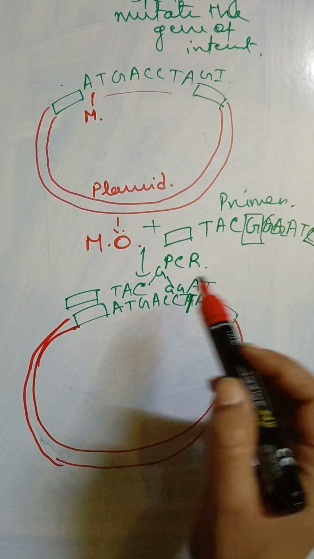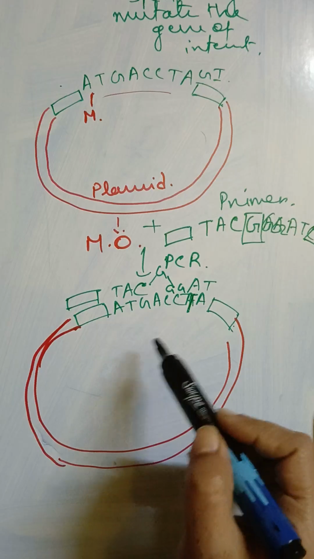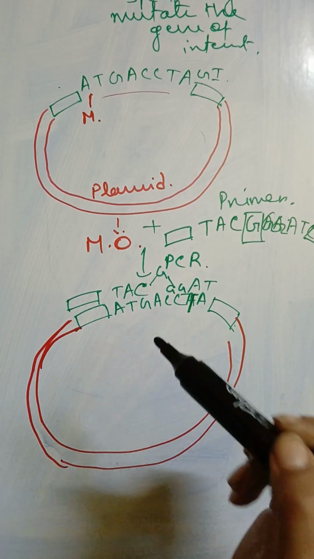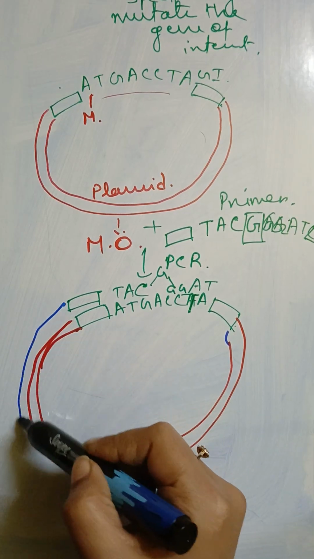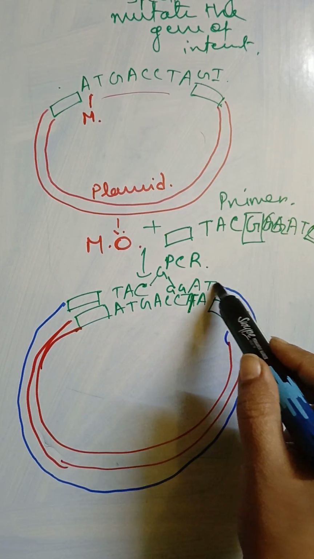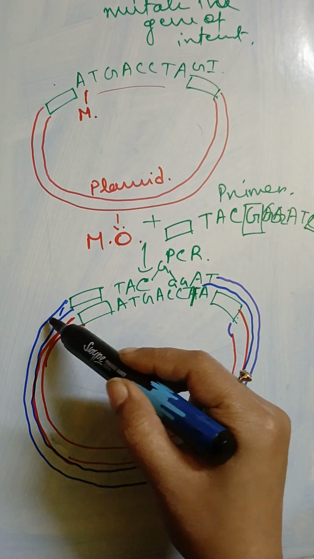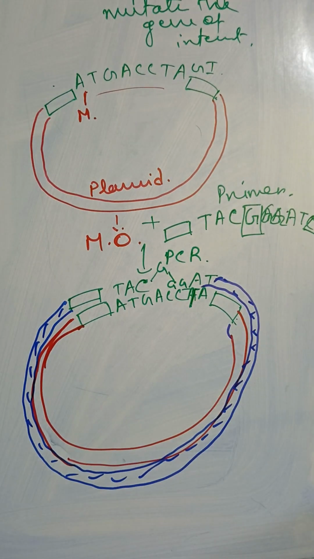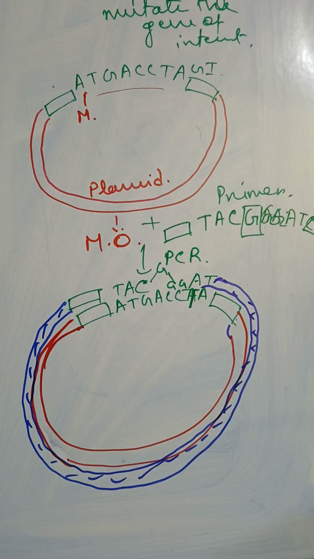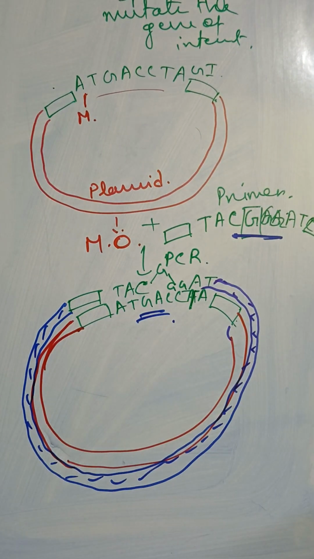Now during PCR, what happens? A new strand will be generated. Okay, the primer has already annealed with the gene of interest sequence. A new strand will be generated by seeing the parental strand. So this is the new strand, generating from the parental strand after annealing this primer to the gene of interest sequence.